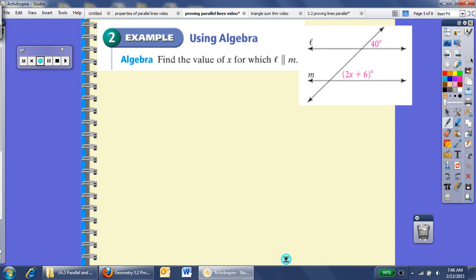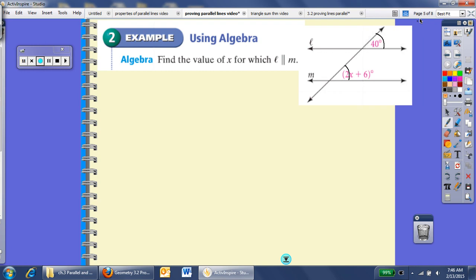So in this case, we want this 40 degrees and this angle, 2x plus 6 degrees, to be congruent. You can see that the position that they're in shows that they're corresponding angles. As we know, corresponding angles are congruent if we have parallel lines. So we know that this 40 degrees needs to be congruent to this angle here.